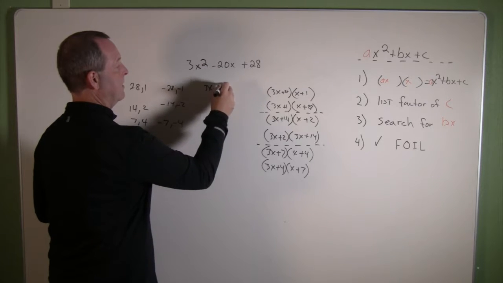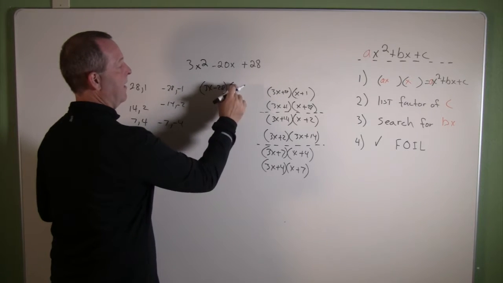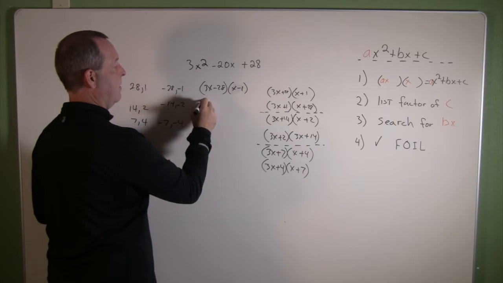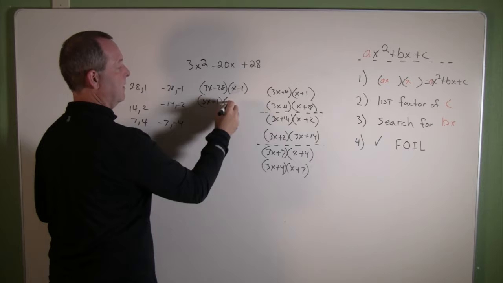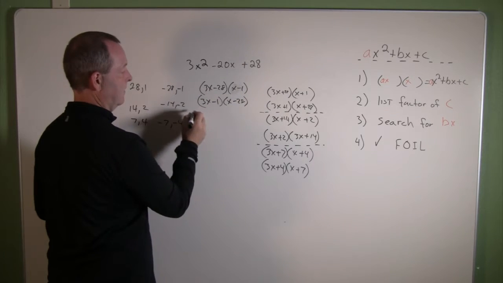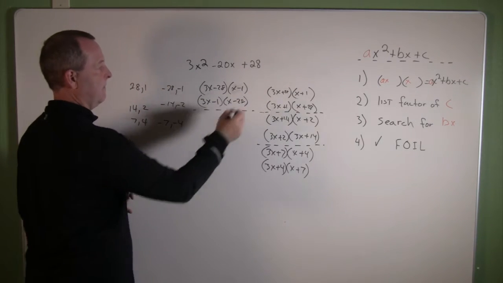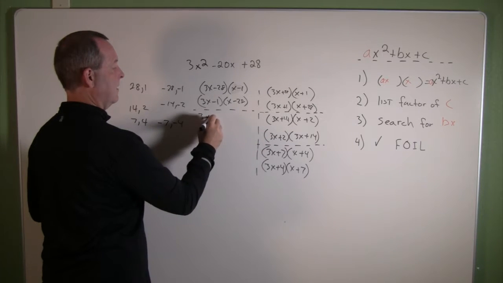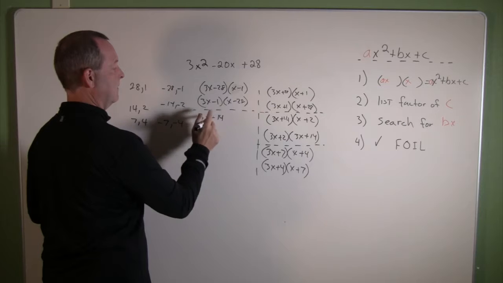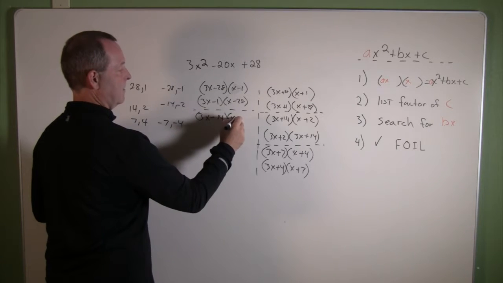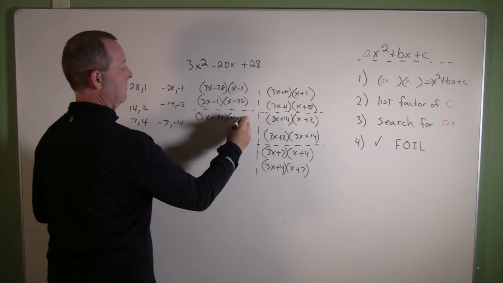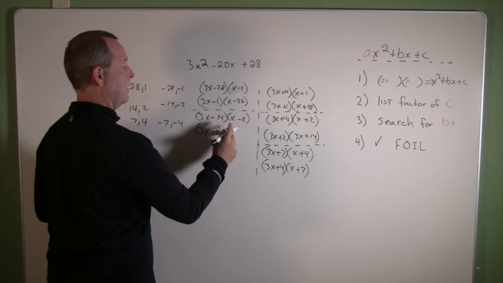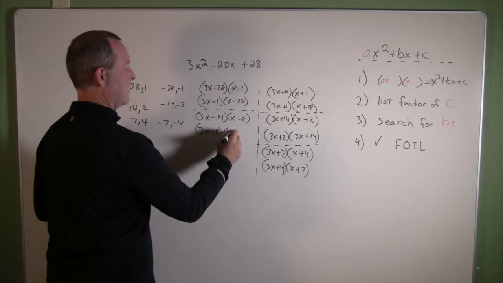3x minus 28 and x minus 1. Flip those around: 3x minus 1 and x minus 28. That's the first set. 3x minus 14 and x minus 2, 3x minus 2 and x minus 14.